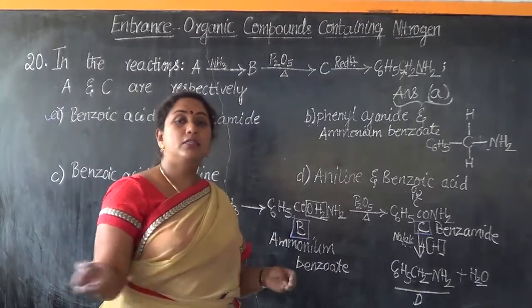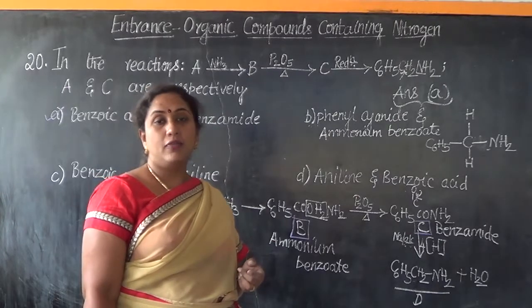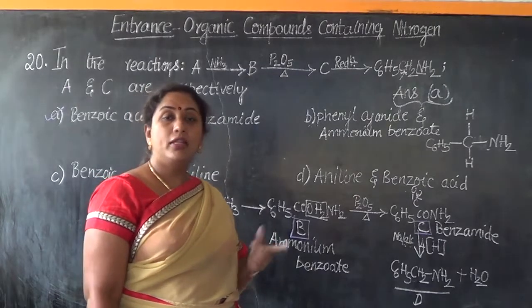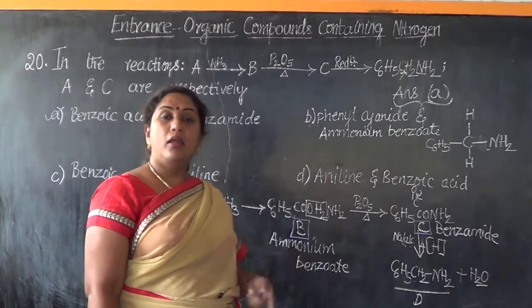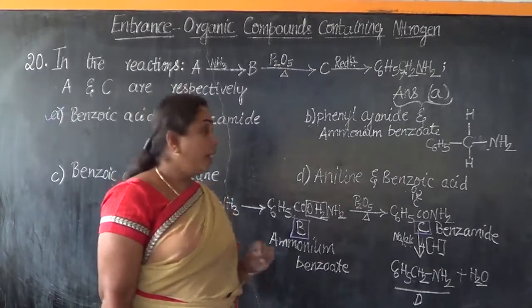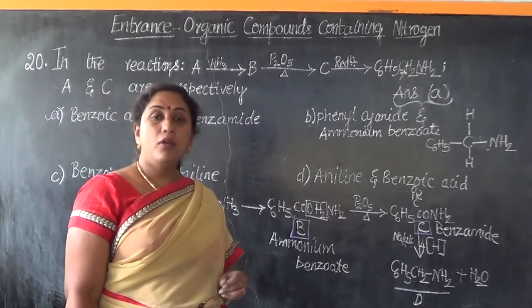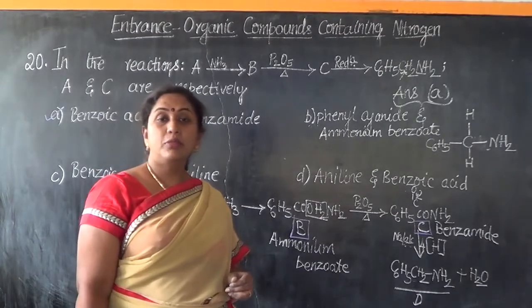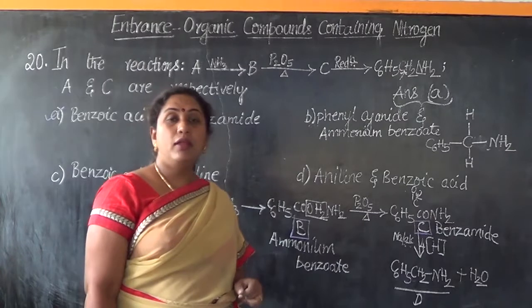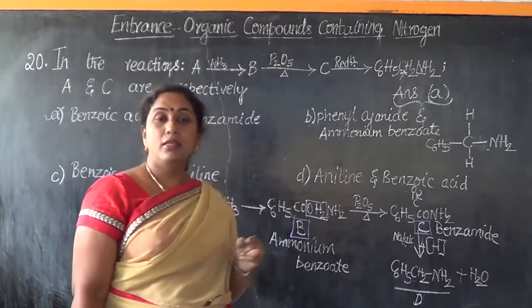The more reactions that you practice, just by the look of the reactants itself, or the conditions itself, or the product itself, you will be able to identify the entire reaction, name it correctly, and write the products also perfectly. So practice more number of questions upon this concept, so that the concepts become easy for you, and it will enable you to consume very less time to answer the questions.